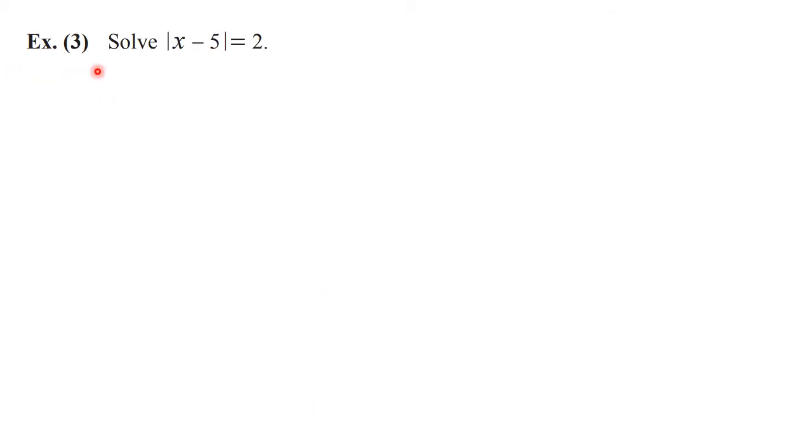Now example number 3 is solve. We have to solve the given equation. So on left hand side we have modulus of x minus 5 is equal to 2 on right hand side. Okay. Now see, this 2 is the value of modulus of x minus 5.